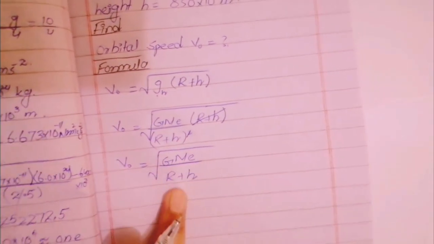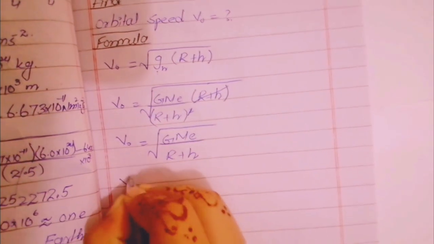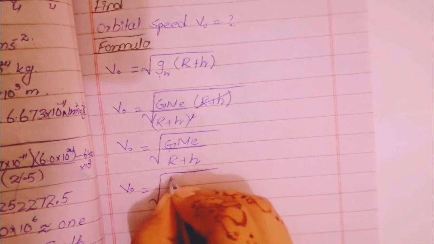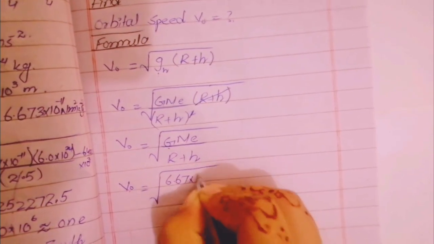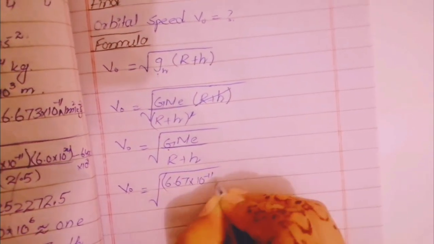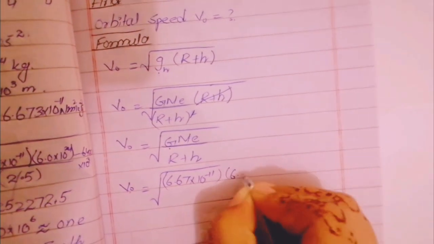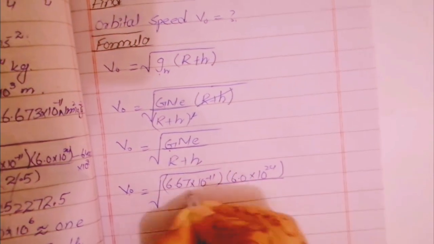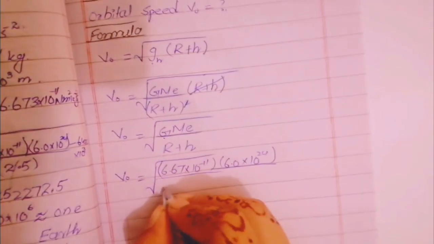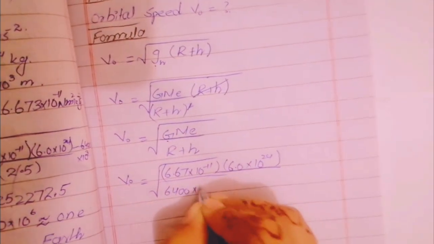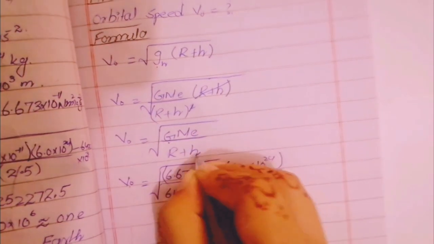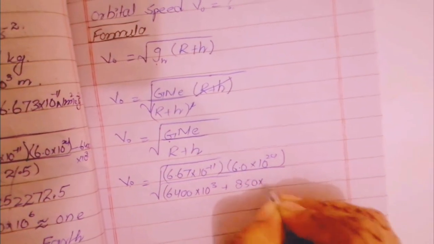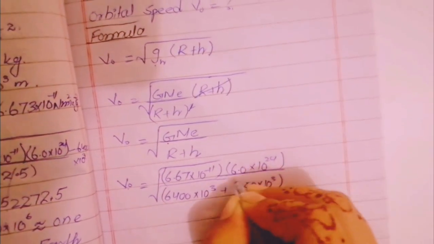Now we will put the values inside the formula. G is 6.67 multiplied by 10 raised to power minus 11, M is 6.0 multiplied by 10 raised to power 24, radius of Earth R is 6400 multiplied by 10 raised to power 3 plus the given height, that is 850 multiplied by 10 raised to power 3.